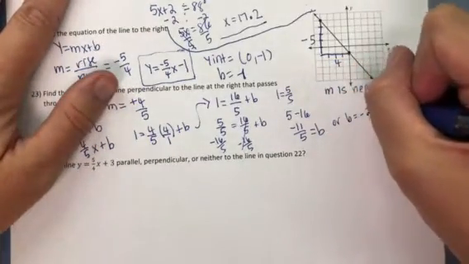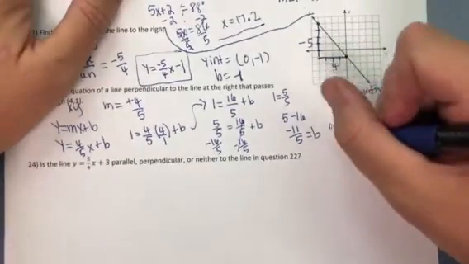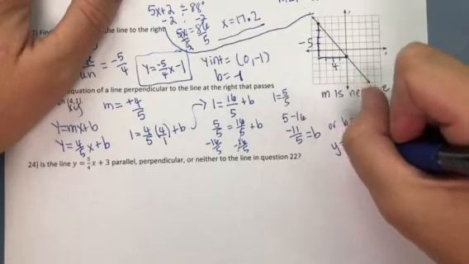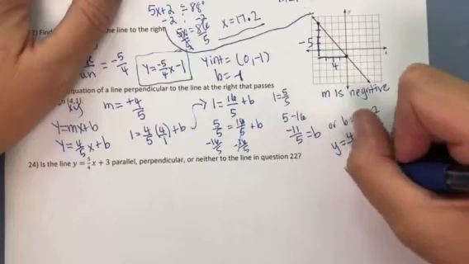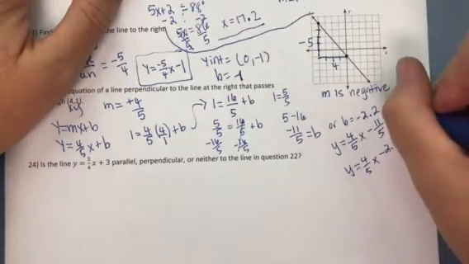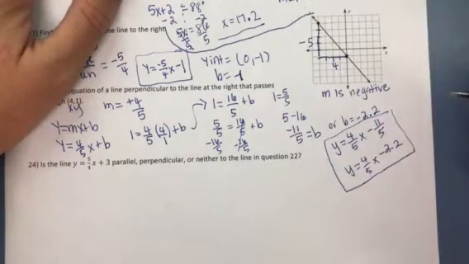So either of those works for b. So when you go to write your equation it should be either y = 4/5 x - 11/5, or y = 4/5 x - 2.2. These are the same, they're just one's got a fraction in it, one's got a decimal.